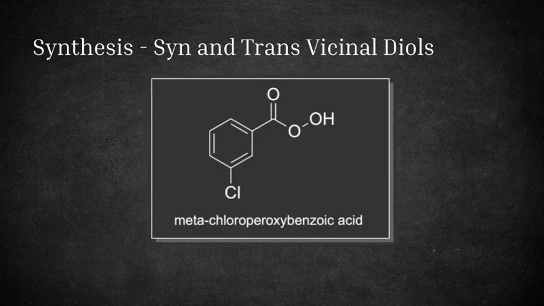One commonly used peracid is metachloroperoxybenzoic acid, MCPBA, which consists of a carbonyl group attached to a benzene ring with a chlorine atom in the meta position relative to the carbonyl. This reagent is often represented interchangeably as RCO3H in synthetic steps, where the CO3H group is the reactive business end of the molecule.